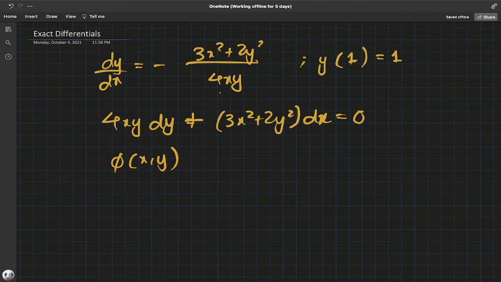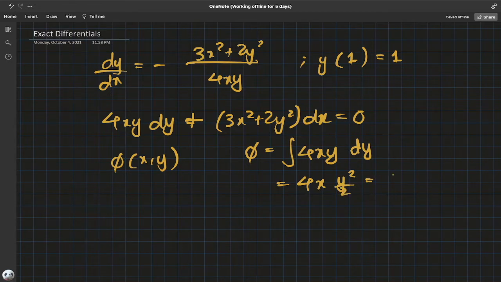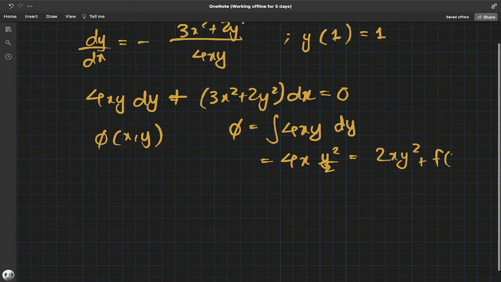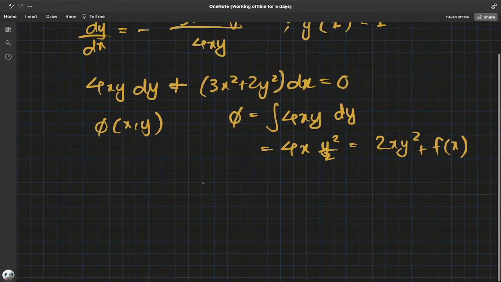So we can try integrating this term, 4xy, with respect to y. So x is a constant, 4x y squared over 2, which is 2x y squared. Since this was integration with respect to y, we'll have some function of x which we don't know. So phi could be something like this. This is our first guess. The second guess might take us a little closer, and we can combine both guesses, integrating this with respect to x.